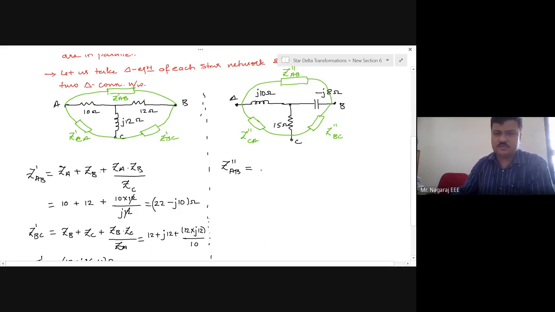So ZA is J10 plus ZB is 15 plus J10 into 15 divided by minus J8. So this J will cancel. It is 150 divided by 8, okay, plus 15, all the real terms.